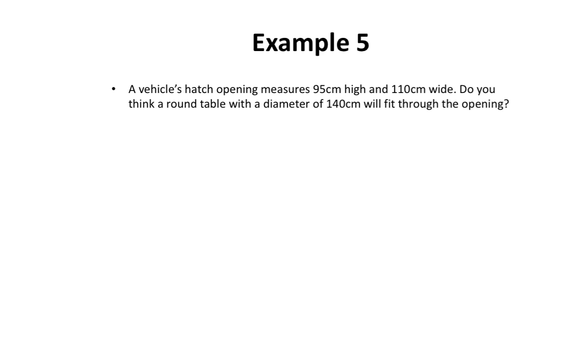In example 5, a vehicle's hatch opening measures 95 centimeters high and 110 centimeters wide. Do you think a round table with a diameter of 140 centimeters will fit through the opening? So the first thing you want to do is do a rough sketch. So the hatch of this car is probably rectangular in shape.